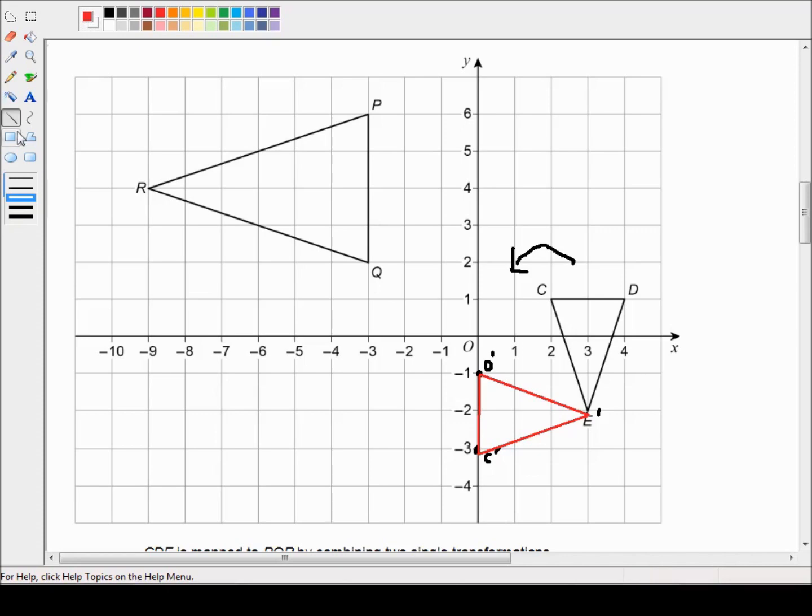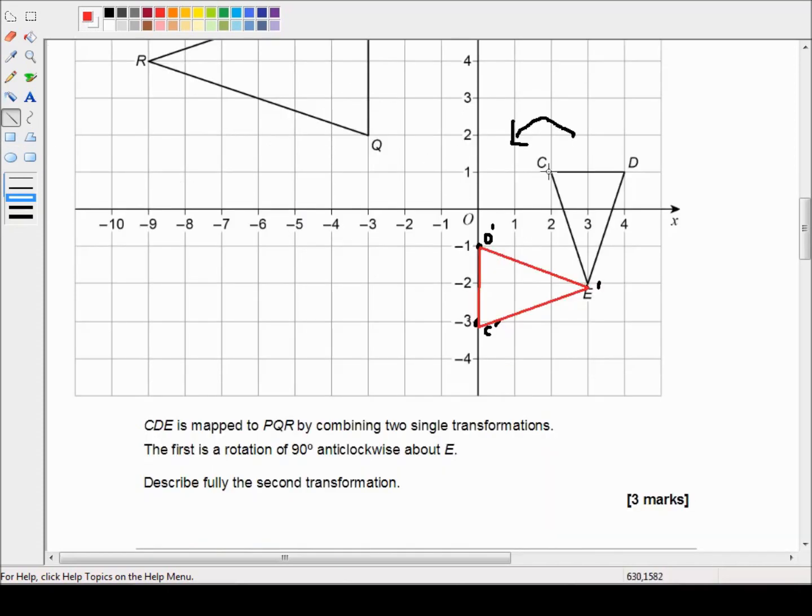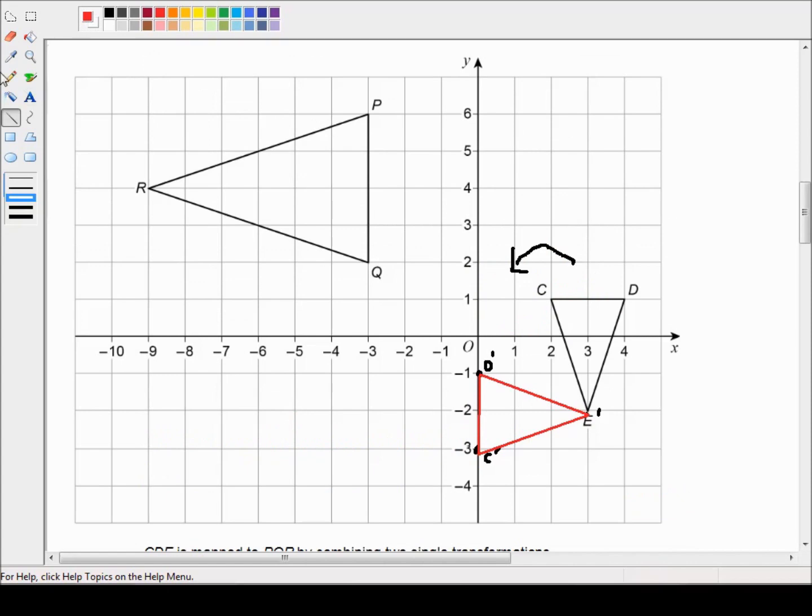Well, let's join the points and see what happens. So if C maps to C prime and C maps to P, then if we join P to C prime, I'm going to change colour again so that we can see.